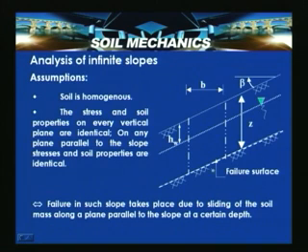The failure surface is parallel to the slope surface, and HW is the height of the water from the slope surface. Consider a block of width b horizontally, and z is the depth of the block under consideration. This is the water table, which is HW units below the slope surface.